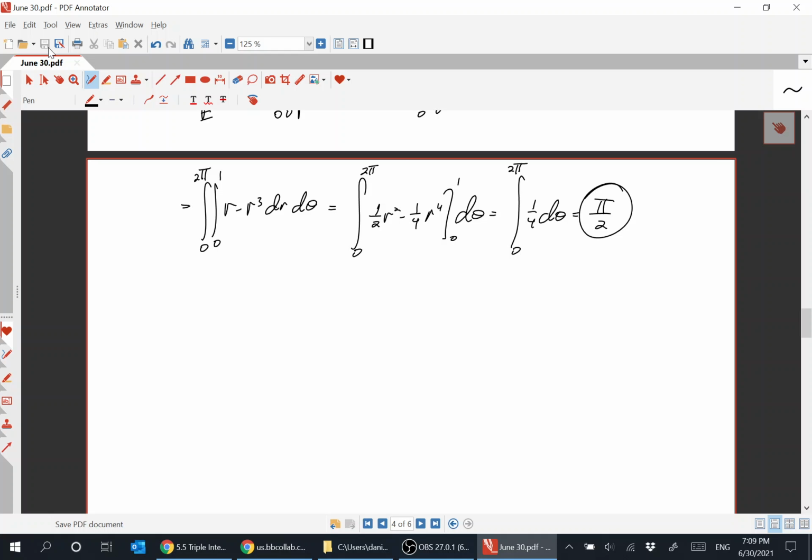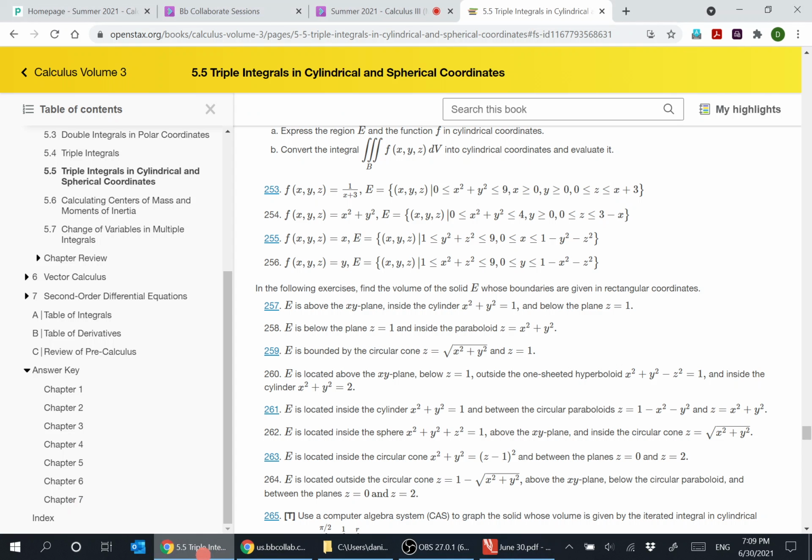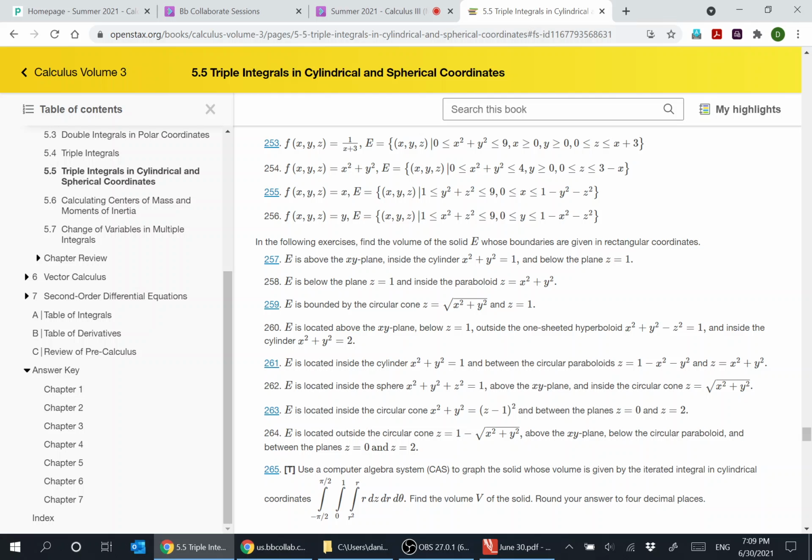262. Again, we're finding the volume of the solid. So E is located inside the sphere x squared plus y squared plus z squared equals 1, above the xy plane and inside the circular cone z equals square root of x squared plus y squared.